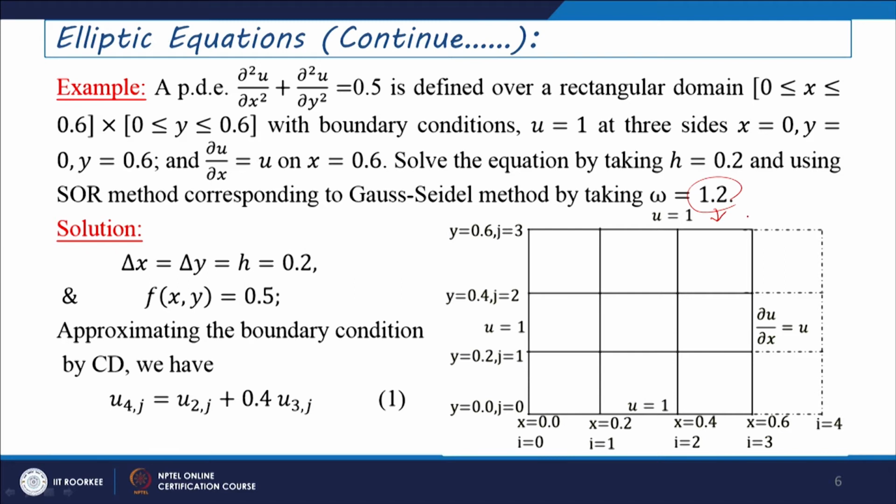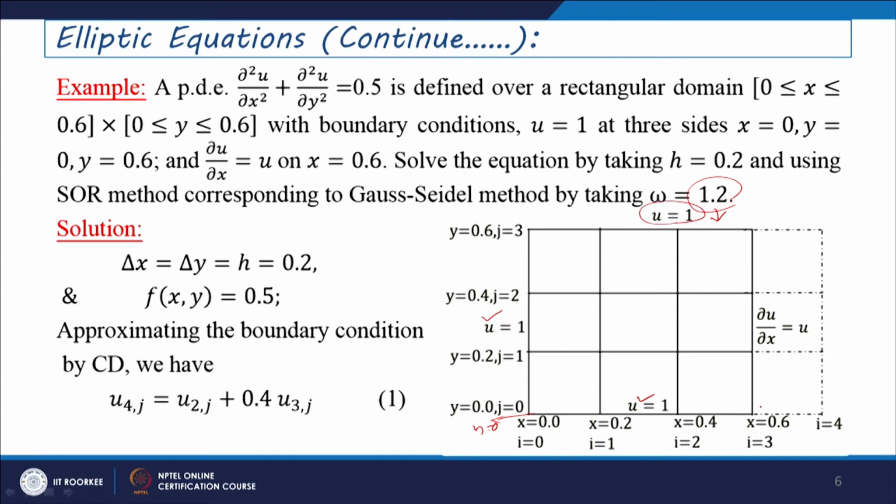And if we specify these boundary conditions in the grid domain, it can be written as follows. We have defined at y equals 0, u is specified as 1, at x equals 0, u equals 1 is also specified, and at y equals n, u equals 1.